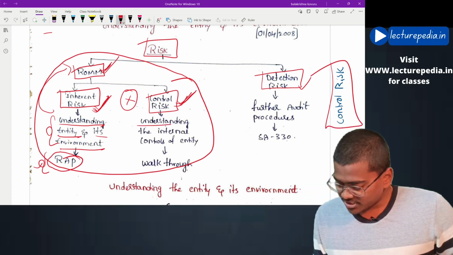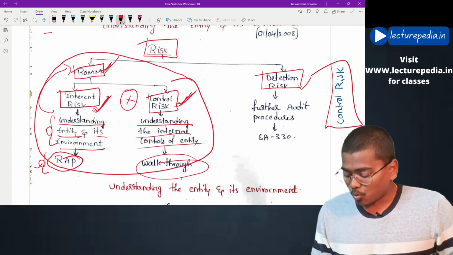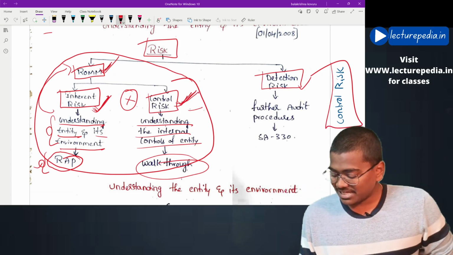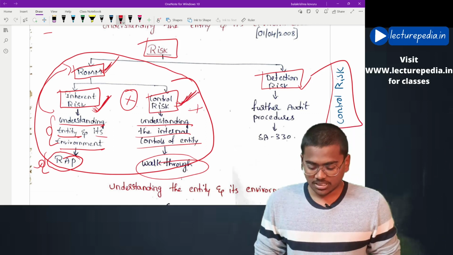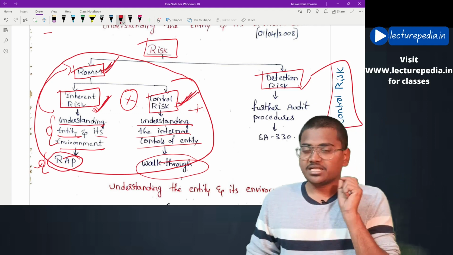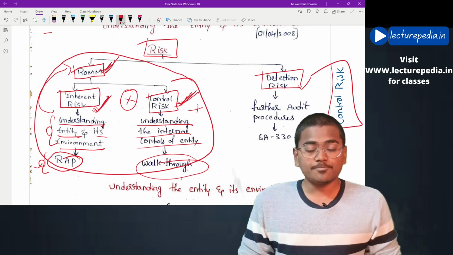He will understand the internal controls of the entity and conduct a walkthrough of those controls. Based on this, he will arrive at control risk. Based on these two risks, he will arrive at risk of material misstatement. This is the entire concept that we will discuss under this standard.